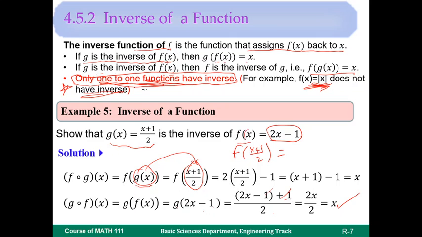You remember, you see x here; instead of x, you see x plus 1 over 2. Then you do the same thing here: 2 times x plus 1 over 2, minus 1. Then there will be the simplification: we have x plus 1 minus 1, so it's x. So as you see, both give x, they are inverses of each other.